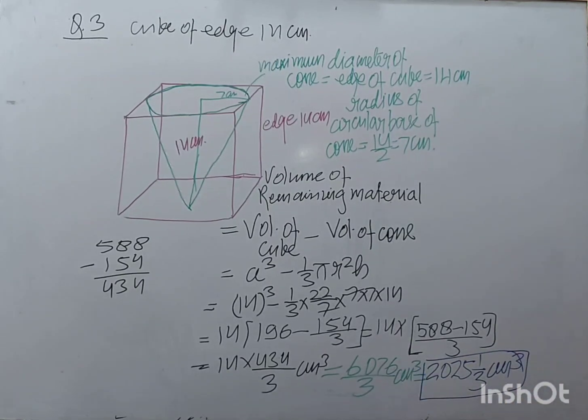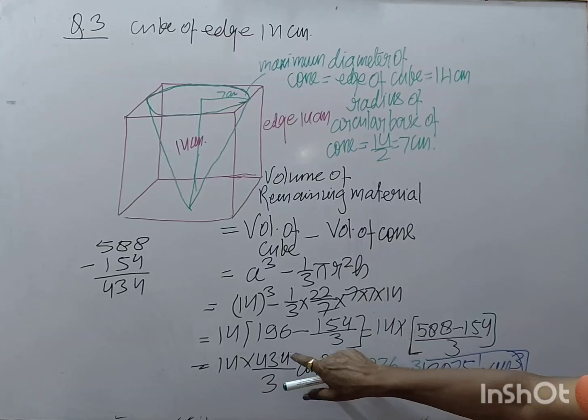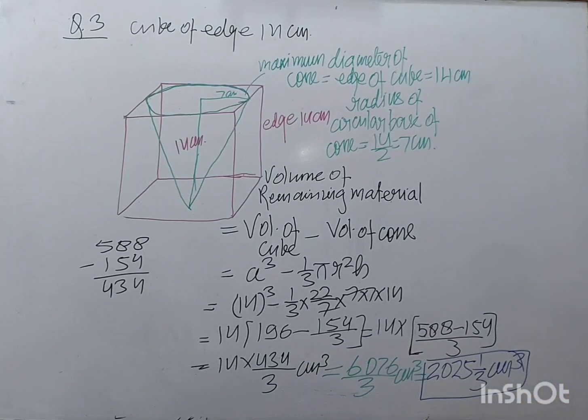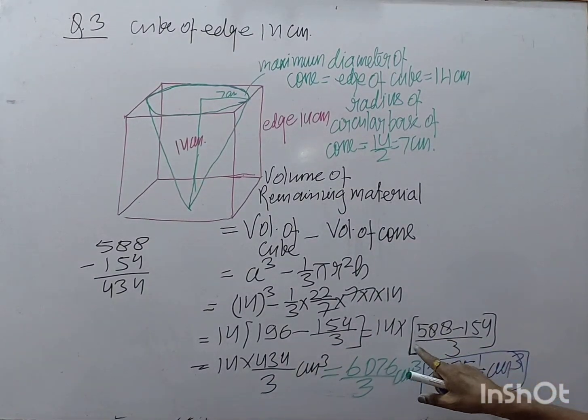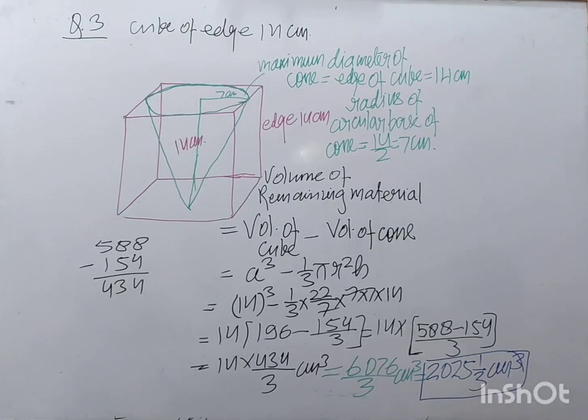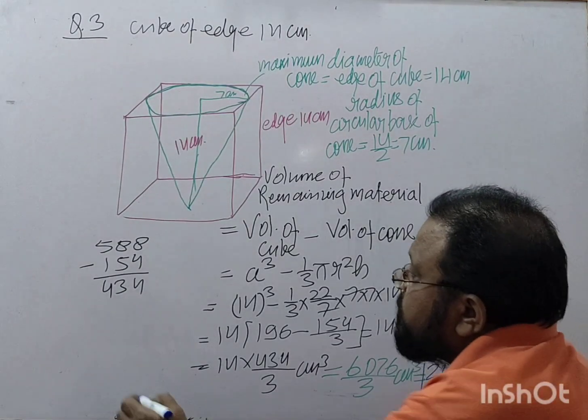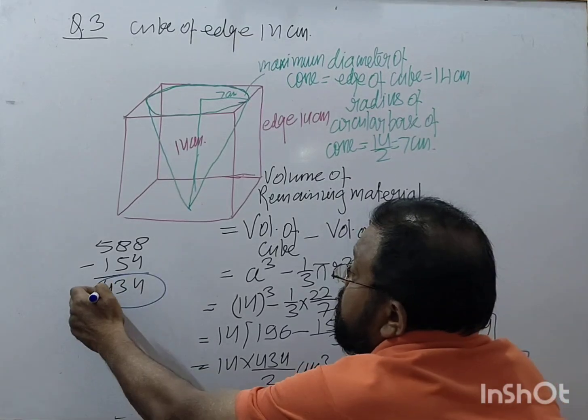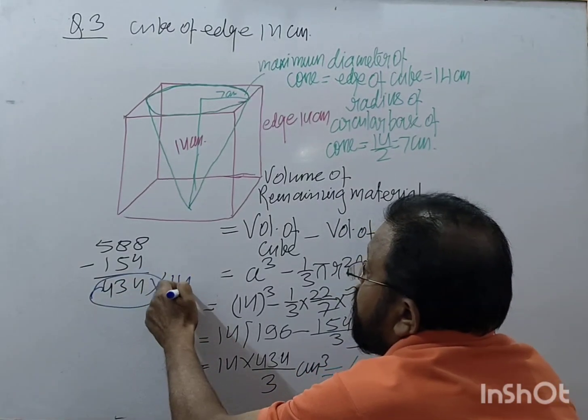So we made a mistake here in calculation. There, 3 multiplied by 196, we get 588, not 488, right? So because of that it is happening. And this much is the difference, and this much difference is multiplied by 14.